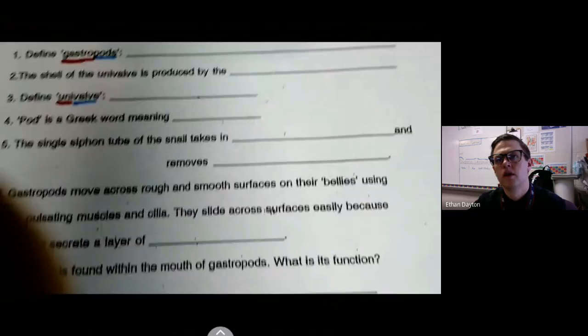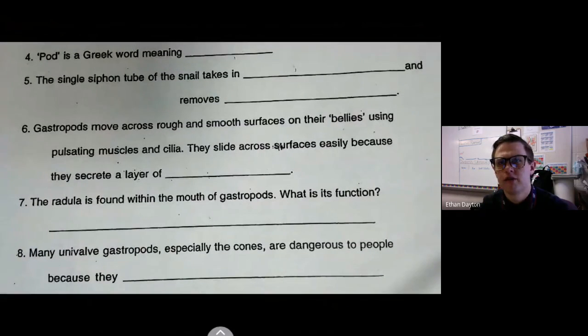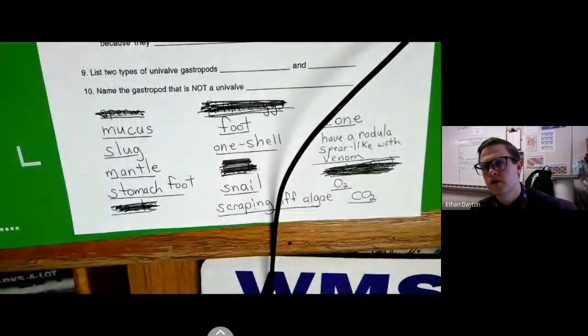Next one, number 6. Gastropods move across rough and smooth surfaces on their bellies or stomachs using pulsating muscles and cilia. They slide across surfaces easily because they secrete a layer of what? What do they secrete?